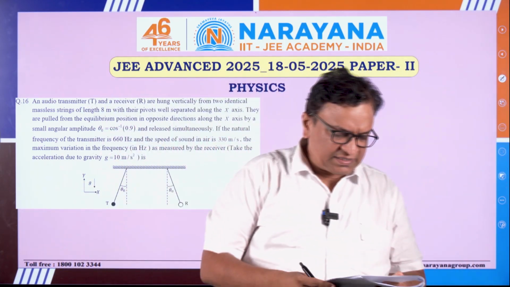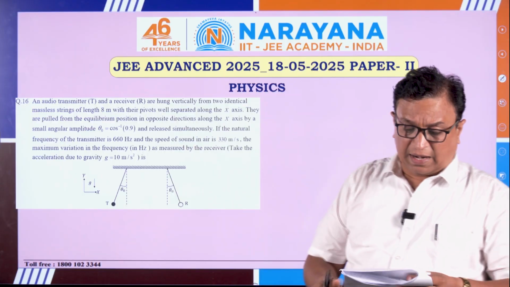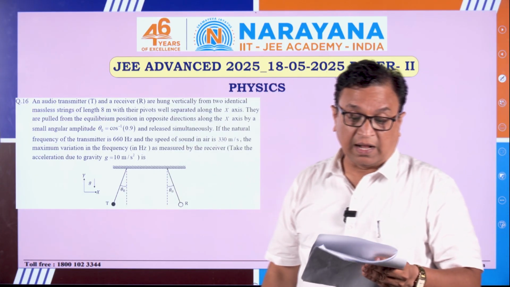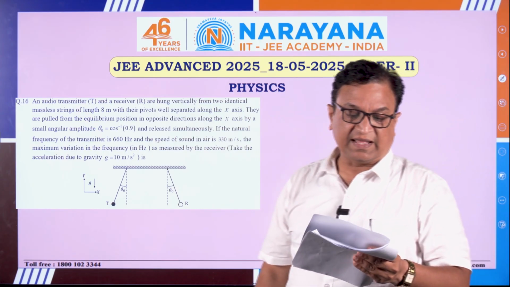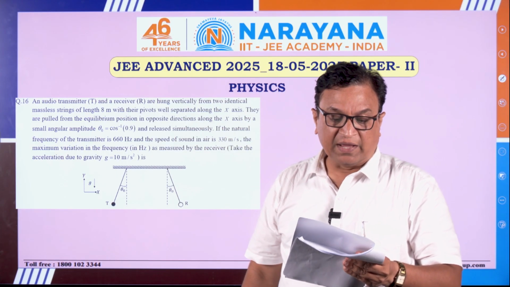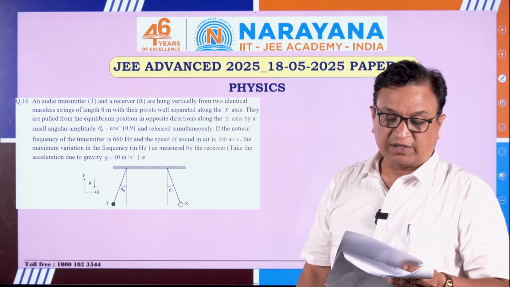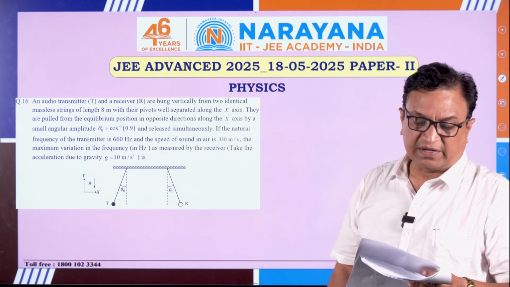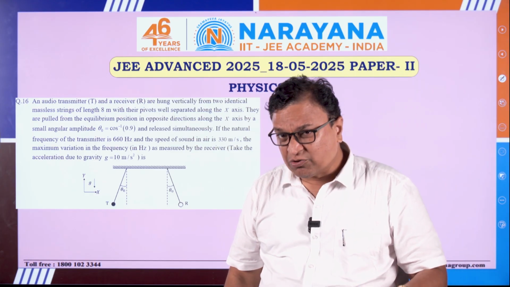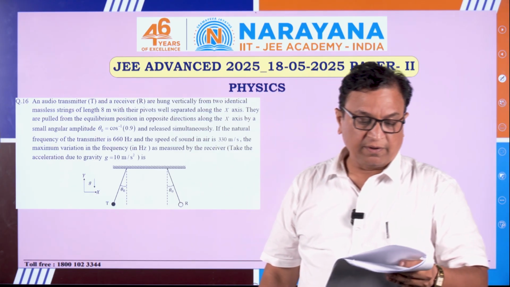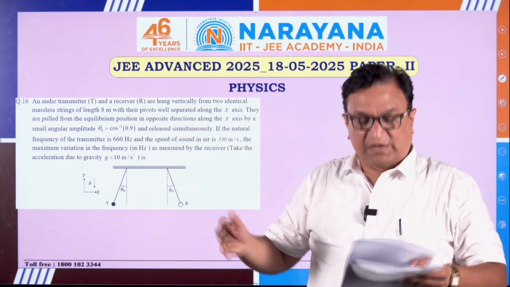An audio transmitter T and a receiver R are hung vertically from two identical massless strings of length 8 meter with their pivots well separated along the x-axis. You can see that. A small angular amplitude is also given, and they are released simultaneously.